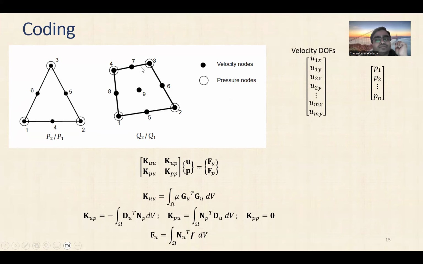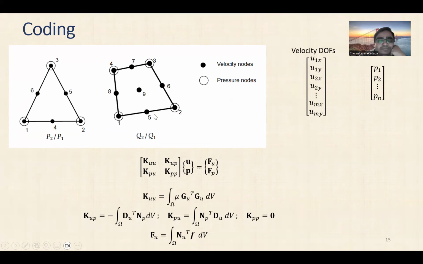For LBB stable elements, these are the Taylor-Hood elements. This is a triangular element, 6 noded for velocity and 3 noded for pressure. This is a quadrilateral element, 9 noded for velocity and 4 noded for pressure. So, velocity nodes, pressure nodes.